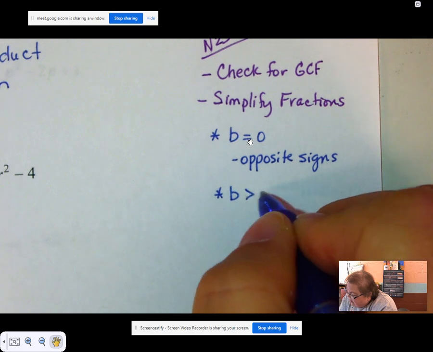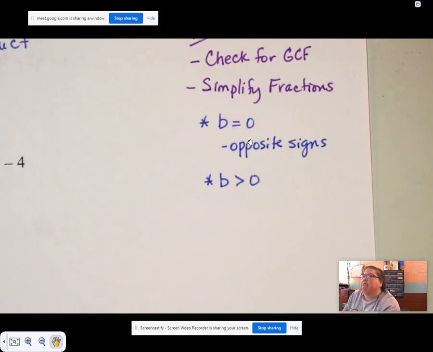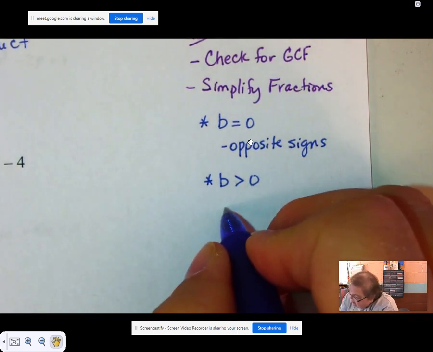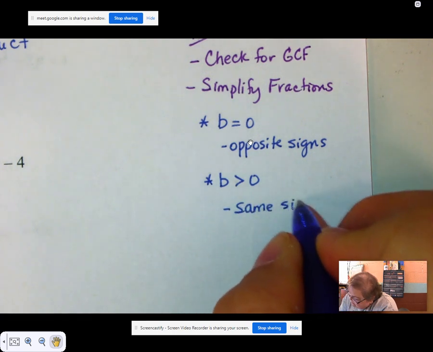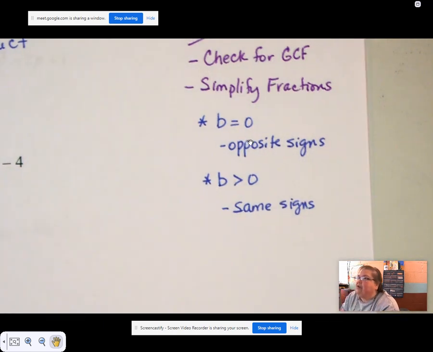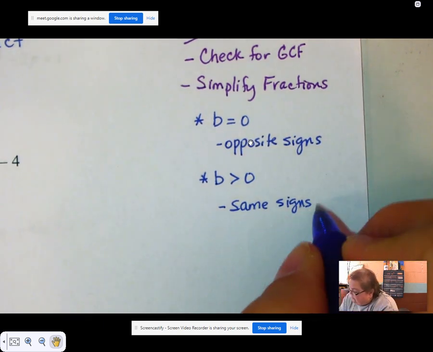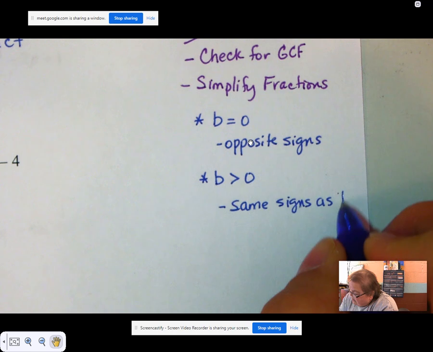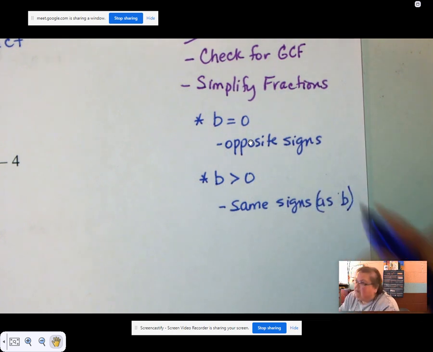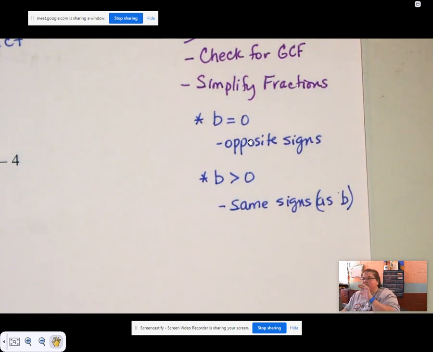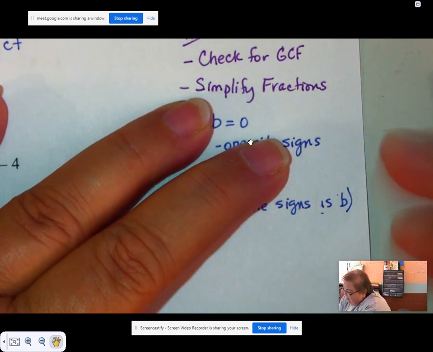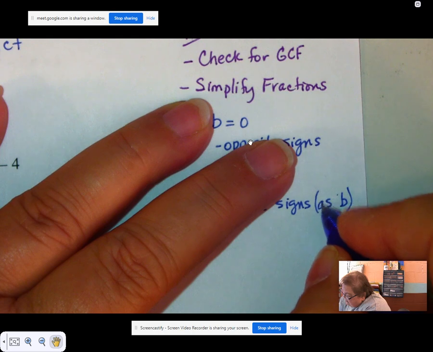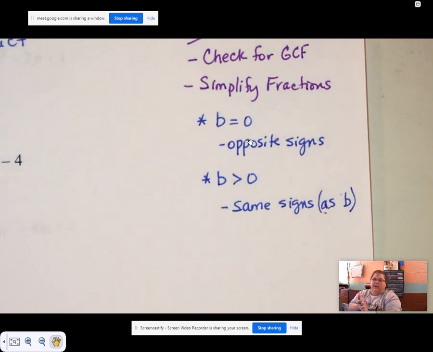If B is greater than 0, you're going to need the same signs, and they're going to be the same as B. Same signs, they're the same as the B. Okay? And as we start working these, it'll make a little more sense. But you'll have that to refer to.